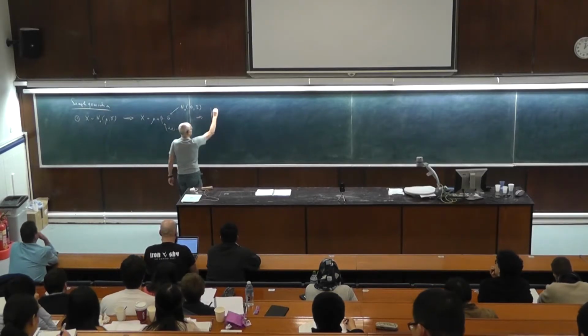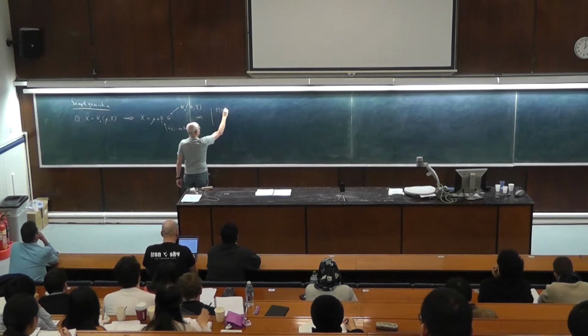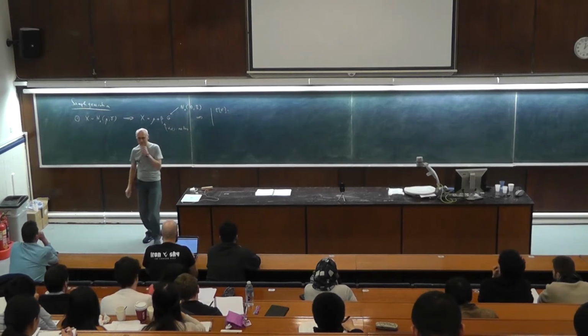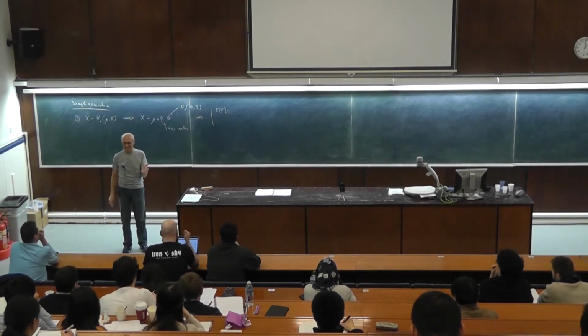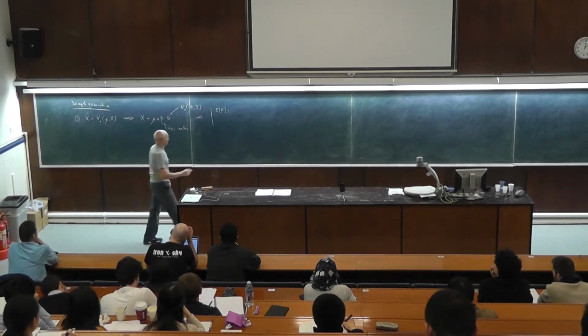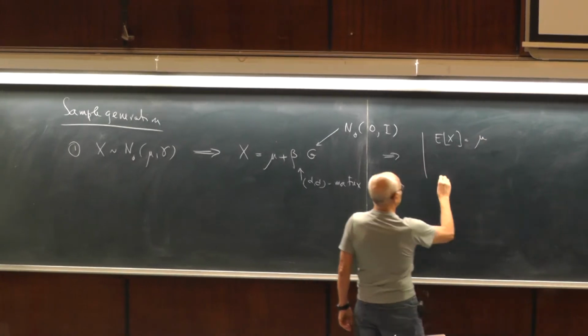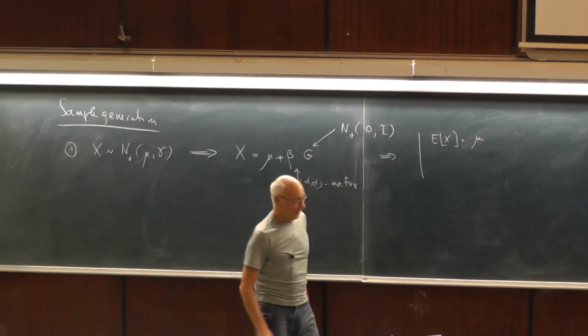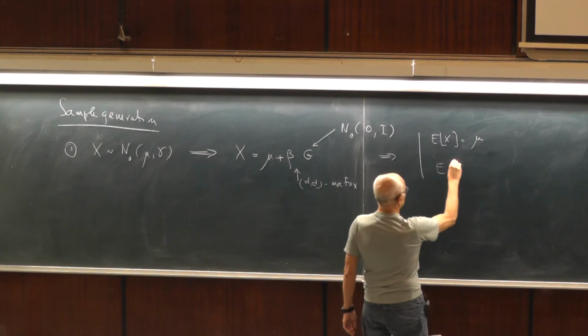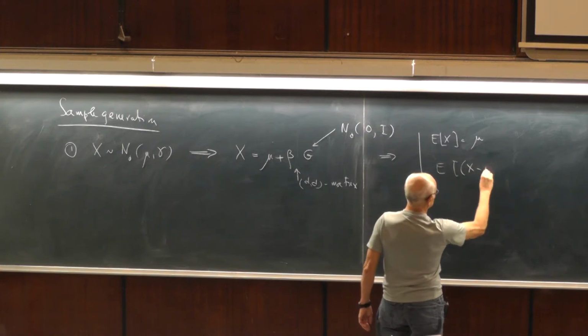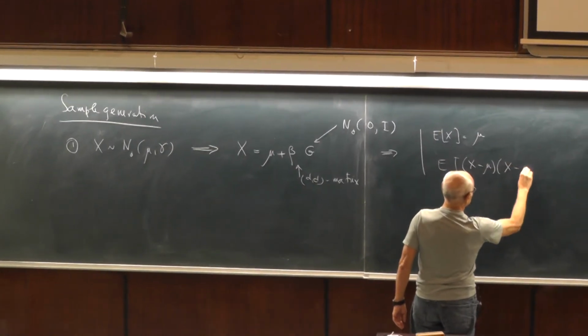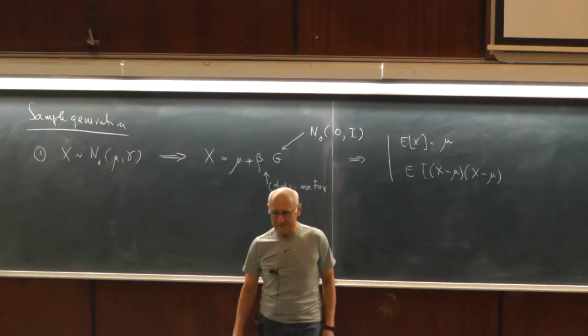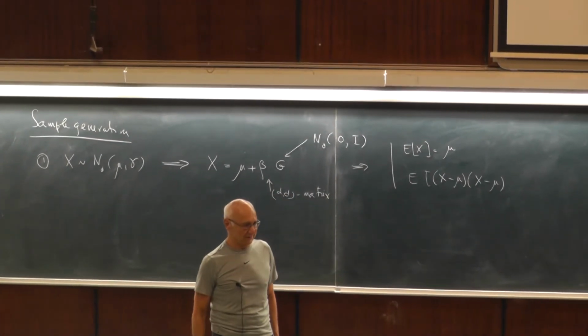Then the expectation of X is equal to, you tell me now. Now you are experts after this morning. What shall I write? Mu. Very good. And the covariance matrix of X, so where shall I put the transpose? The first or the second?